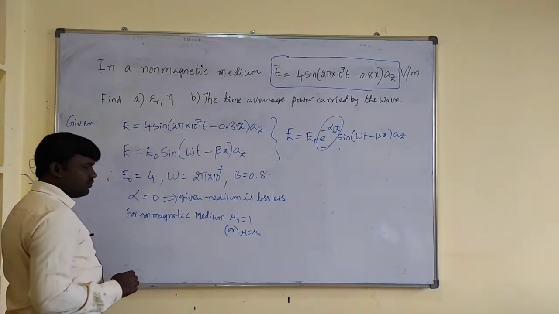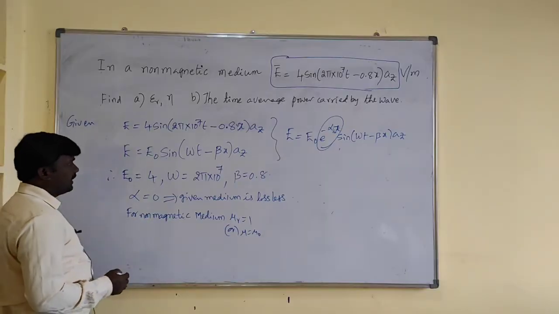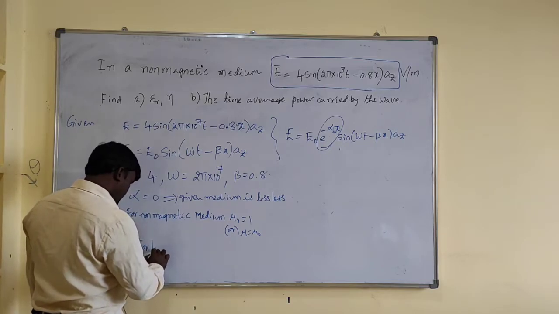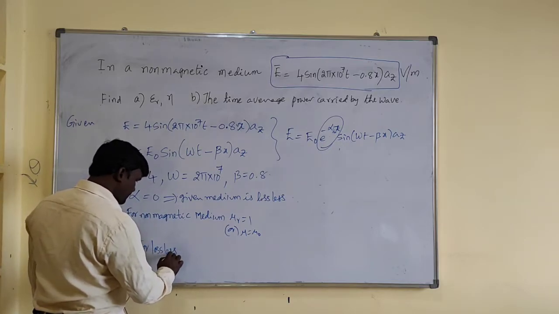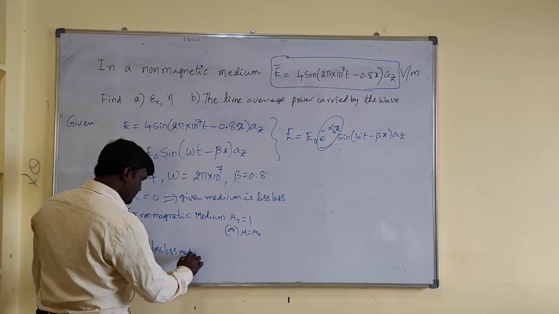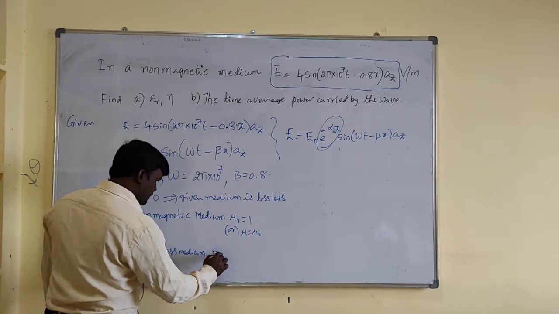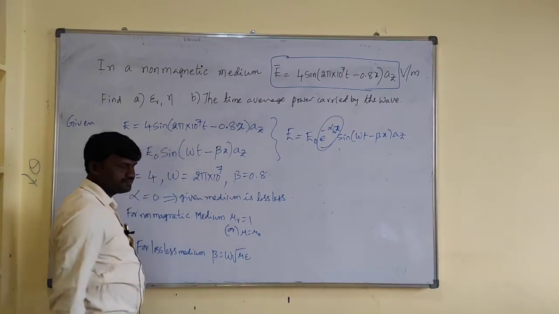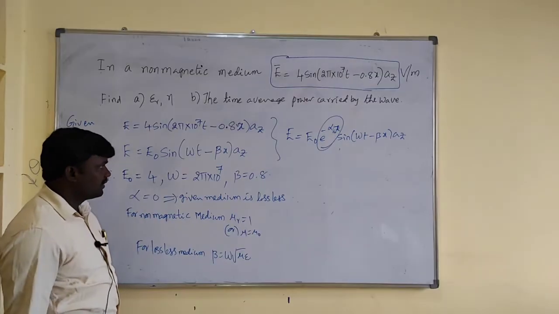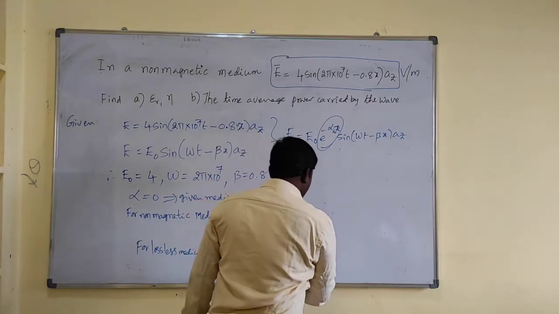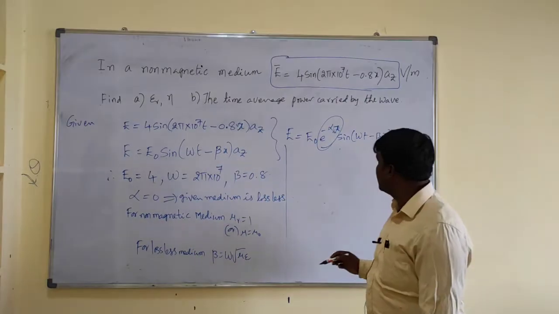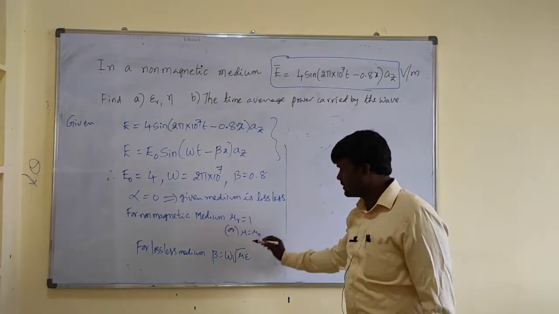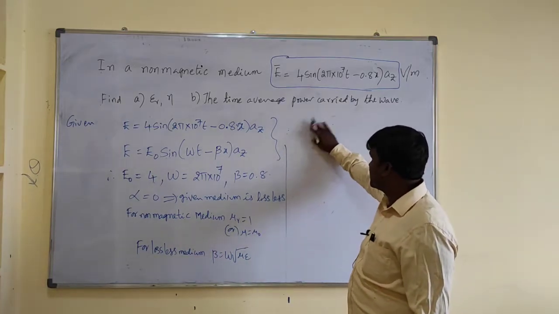So we need to determine epsilon r. For a lossless medium, beta equal to omega root mu epsilon. What we require is epsilon r.